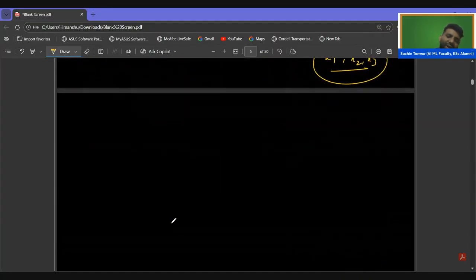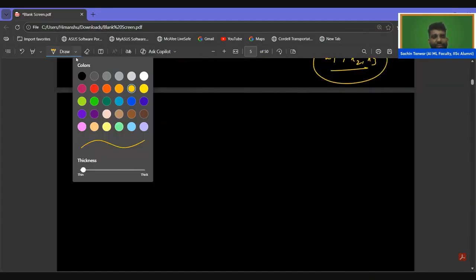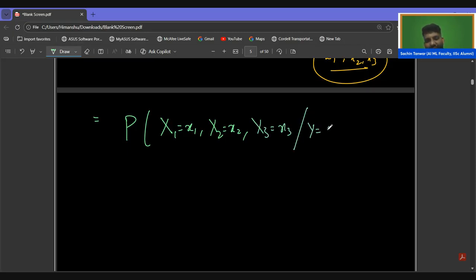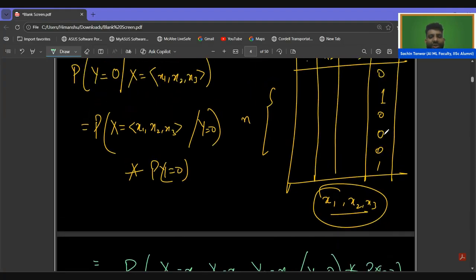Now this I can write further as: probability that X1 is equal to small x1, X2 is equal to small x2, X3 is equal to small x3, given y is equal to 0, into probability of y equals 0. This is the final calculation I'm getting over here.